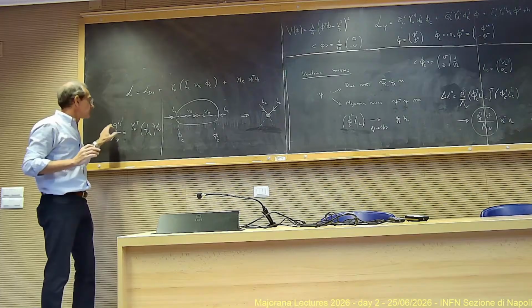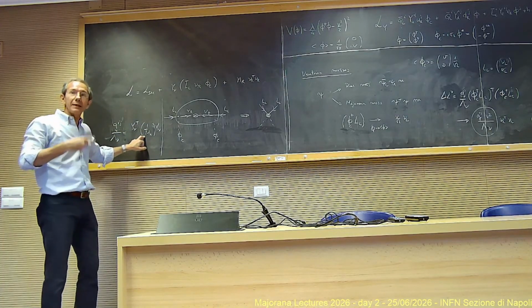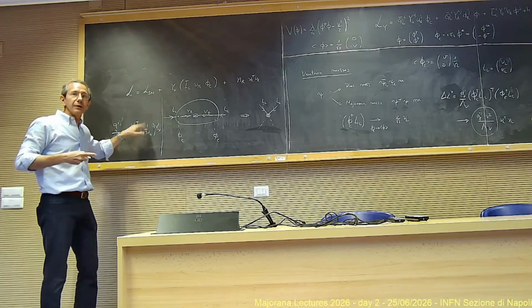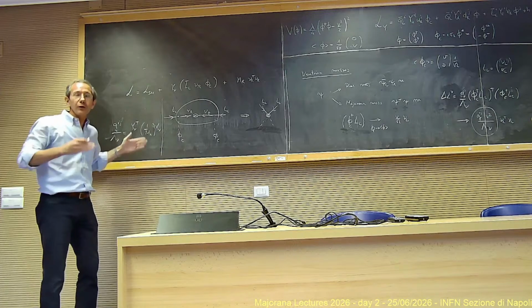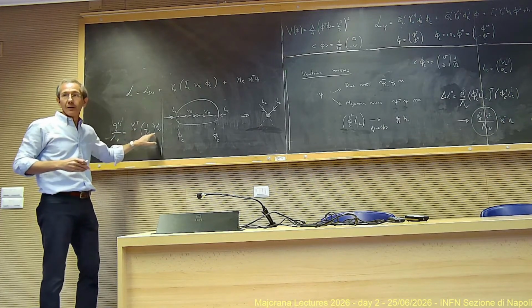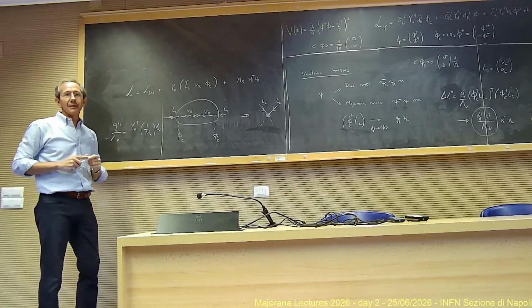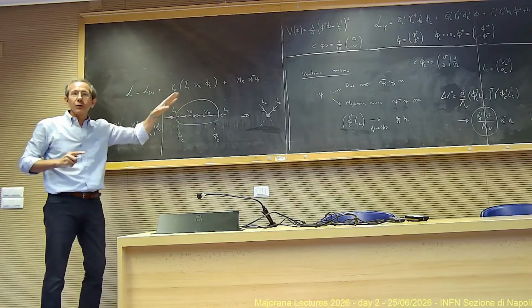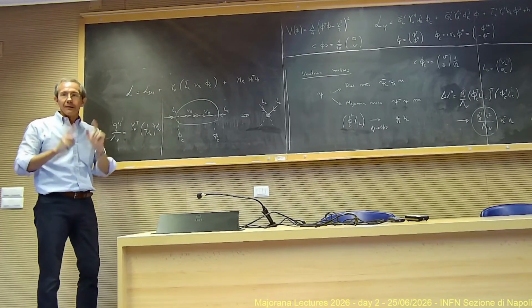Maybe this is hierarchical, but then it means that M_R should compensate, so it should be totally non-hierarchical, and should span eight orders of magnitude to compensate the hierarchy on this. So it's actually less trivial than one would think. Maybe for one neutrino it could work, but for three neutrinos it's much more complicated. So again, life is complicated.